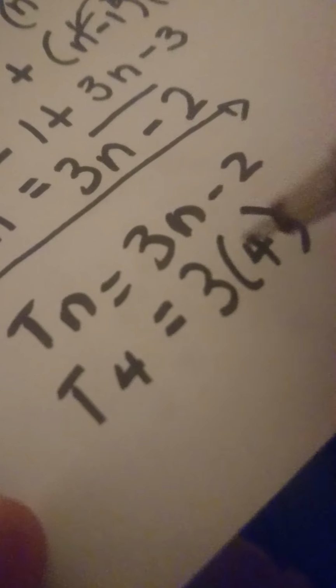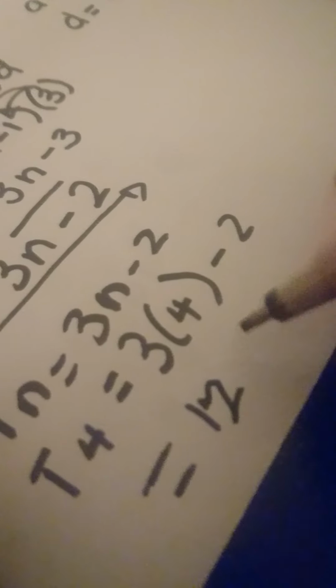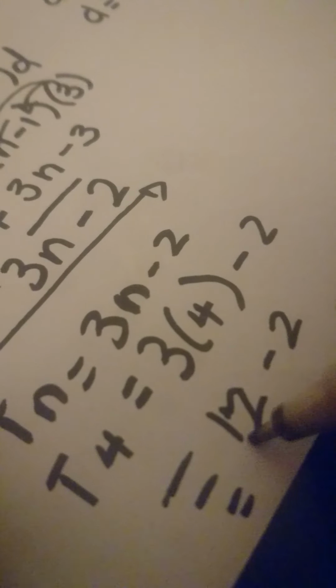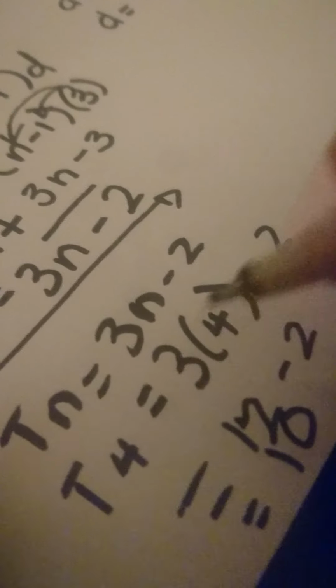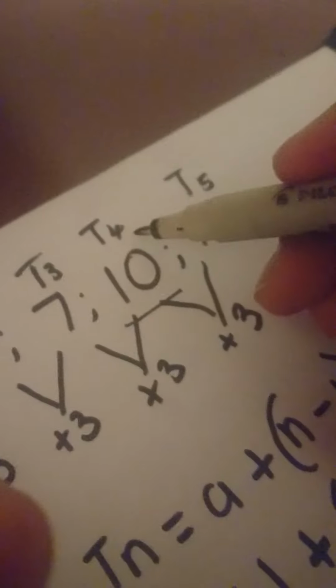So T4 equals 3 times 4 minus 2, which equals 12 minus 2, which equals 10. Is term 4 10? Yes, it is. Therefore, our general formula is correct.